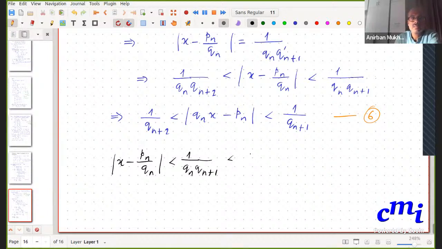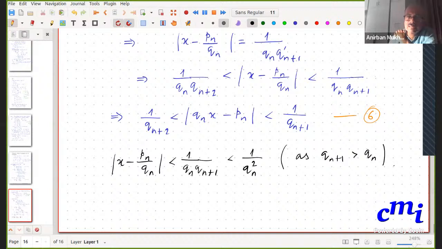And since the denominators of the convergents are an increasing sequence, as we have seen earlier, this is less than or equal to 1 over Qn square. This is because Qn plus 1 is strictly greater than Qn. So these are strictly increasing sequences, which is obvious from the definition, in fact, from the iteration.